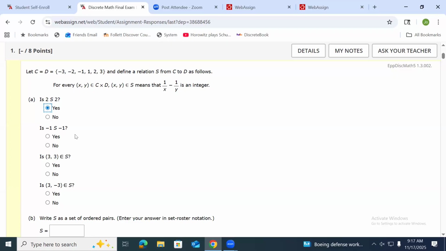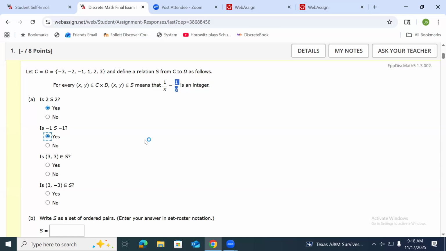Okay, so there's that. Is -1 S -1? So remember in your minds what it means to say -1 S -1. That means that 1 over the first number minus 1 over the second number is an integer. So is it true that 1 over -1 minus 1 over -1 is an integer?